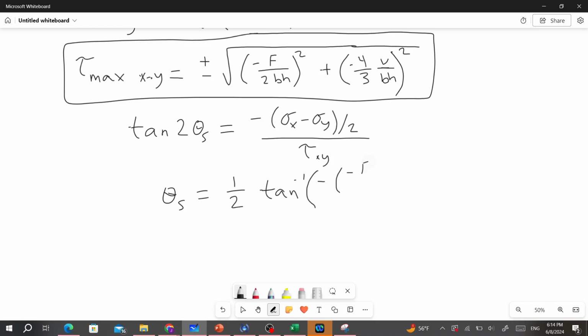Again, pay attention to the sign there. So negative F over 2bh, and over tau xy. Again, sign is important here, which is negative 4 over 3 V over bh.